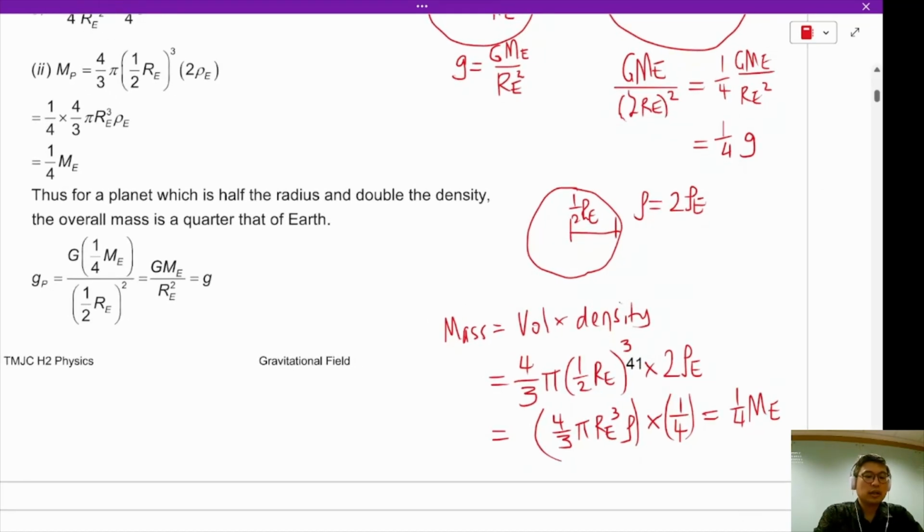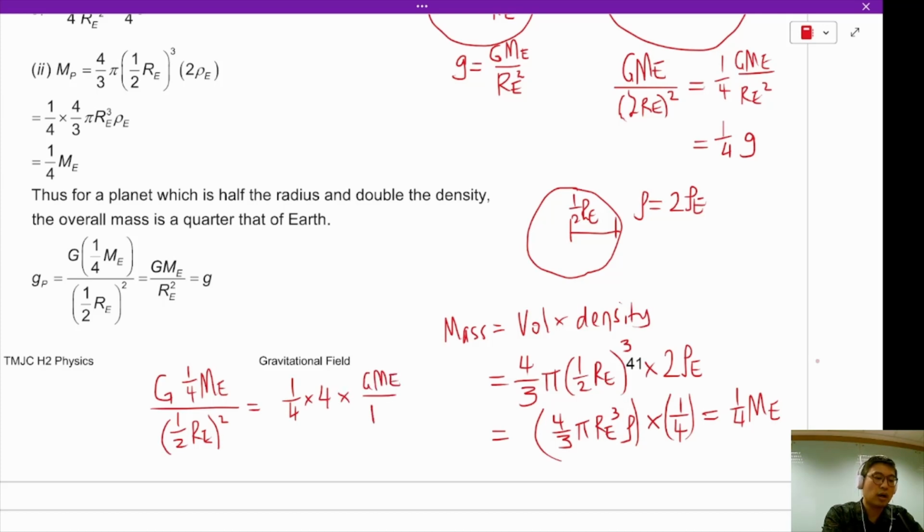Now, if the mass is 1/4 the mass of the Earth, then the gravitational field strength will be given by G times 1/4 of the mass of the Earth divided by half of the radius of the Earth squared. Alright, so this will give us 1/4 multiplied by 4 multiplied by GMe over Re squared, and this gives us just the same value of g.